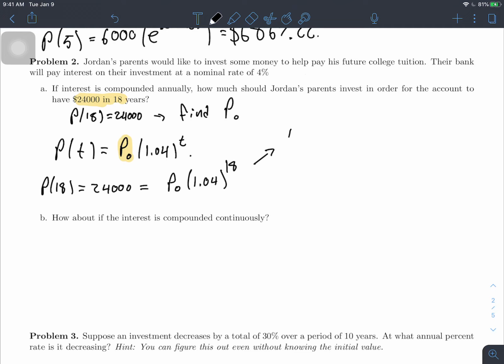So this tells me P naught equals 24,000 divided by 1.04 to the power 18, which is equal to somewhere around 11,847-ish.